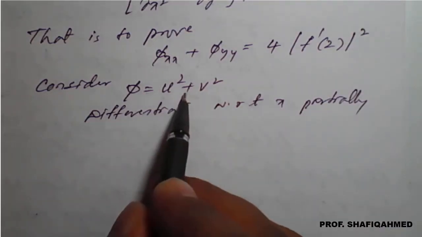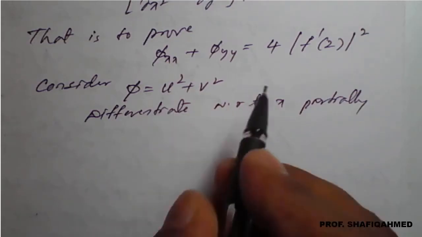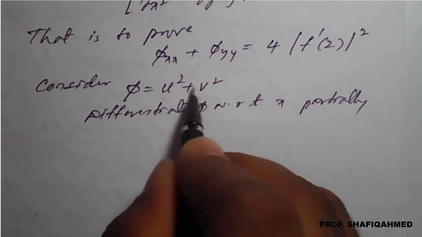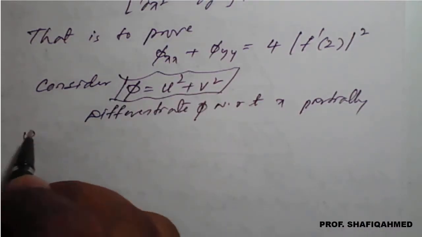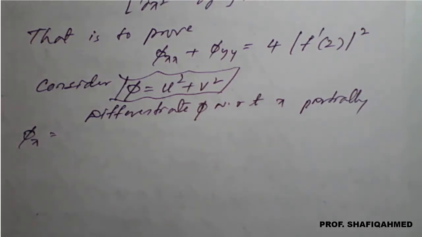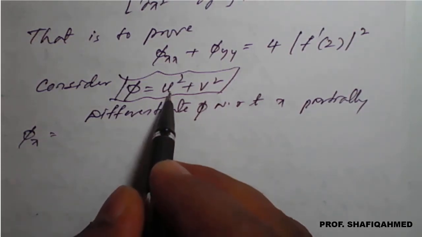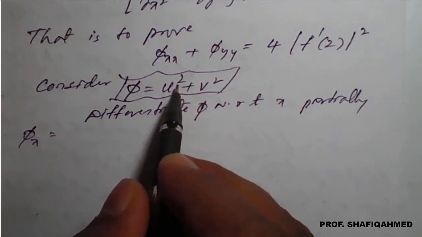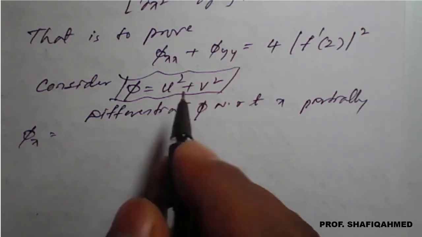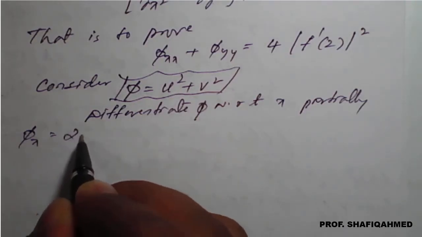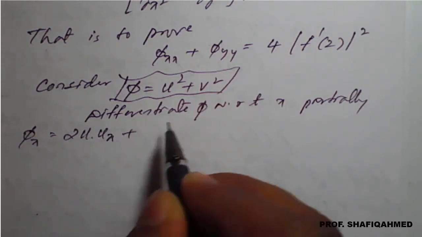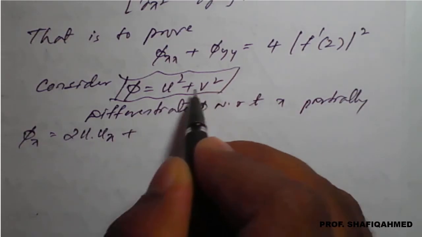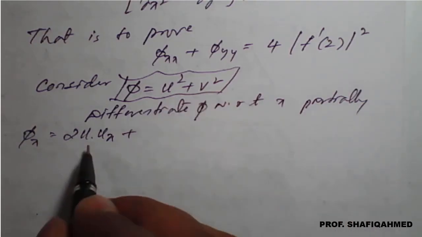So phi_x is equal to, the partial derivative of u² with respect to x is 2u u_x, plus the partial derivative of v², because u and v are again functions of x and y, so you have to consider it like that.